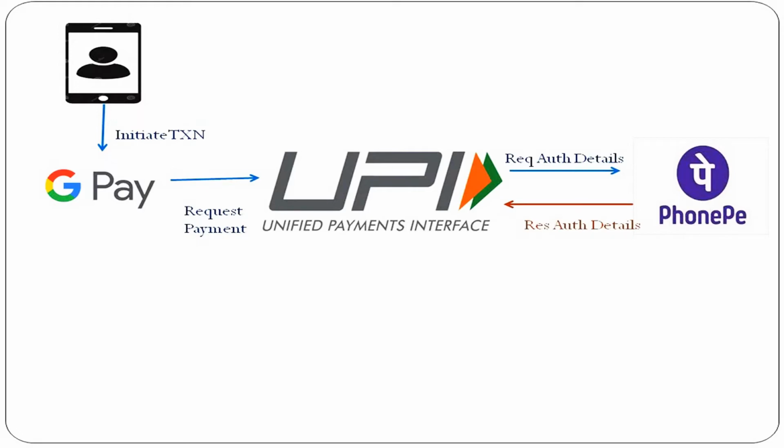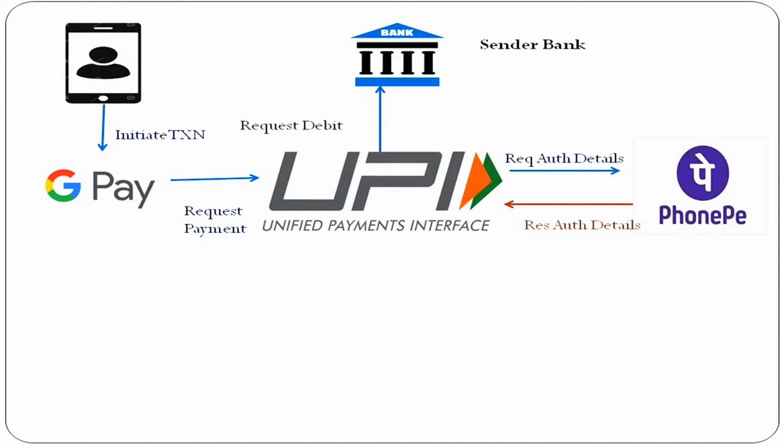Then the UPI central server will send the debit request to your sender bank, as you are the sender. Your bank debits the amount from your account and sends the response that the amount is debited.